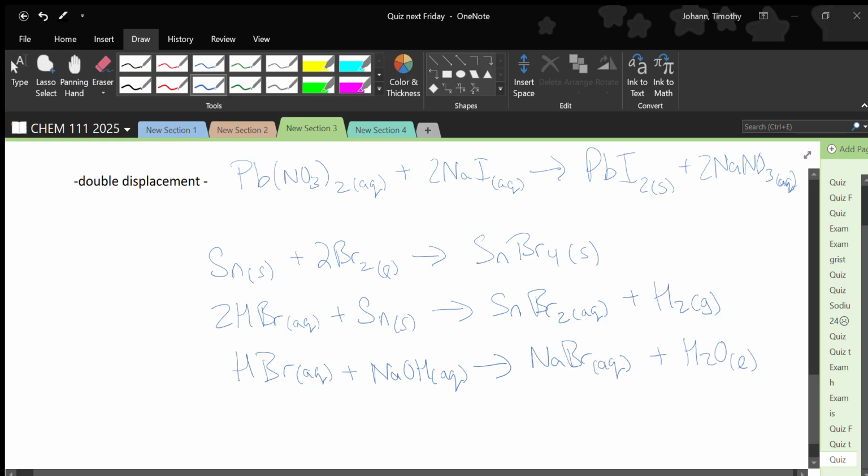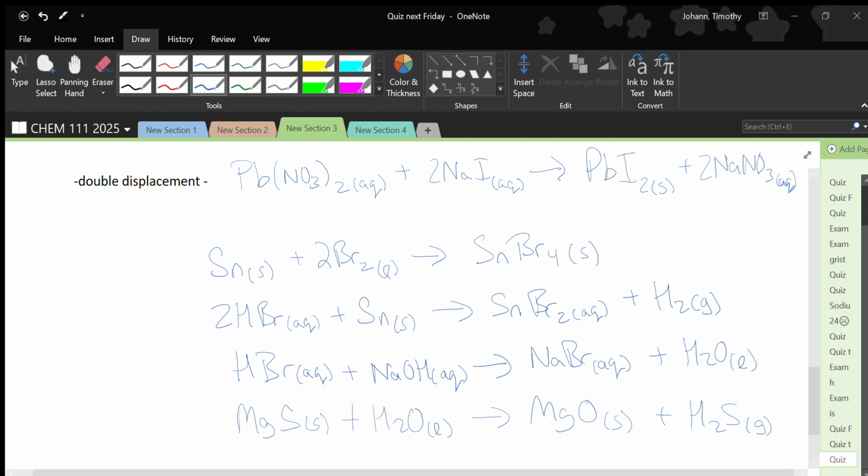And then finally, we could have magnesium sulfide, which is a solid, react with water, which is a liquid, to make magnesium oxide and hydrogen sulfide, which I've talked about before is the smell of rotten eggs. It's stinky.